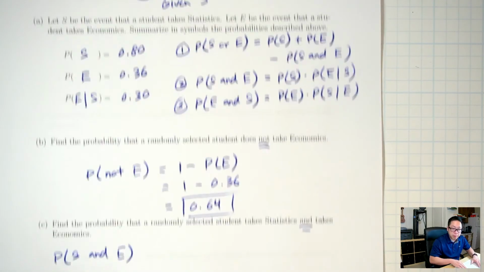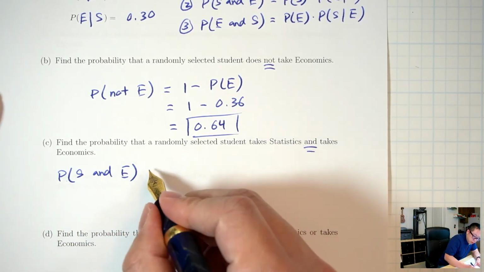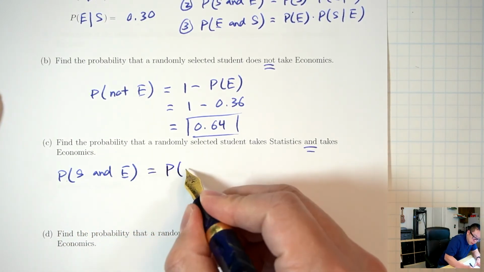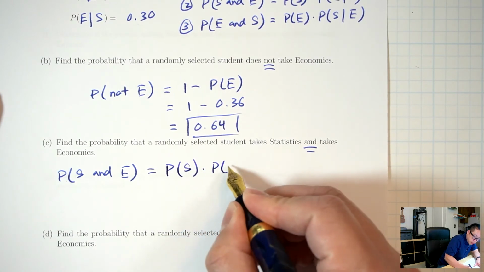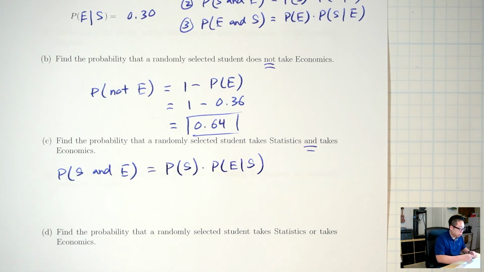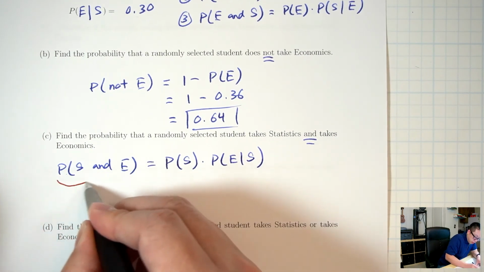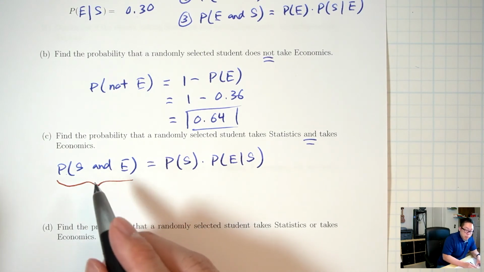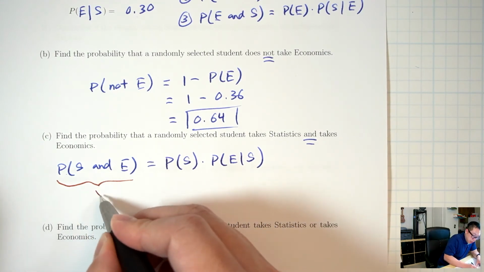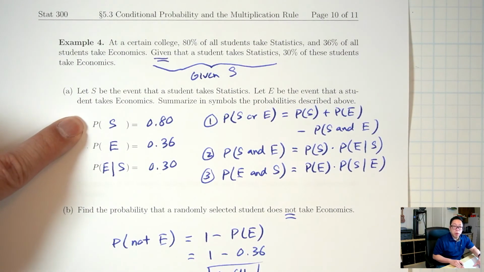So let me rewrite it. So probability of S and E is equal to probability of S times the probability of E given S. And then fill in the things that you know. S and E, that's what I'm looking for, so let's call it X. Probability of S, 0.80.